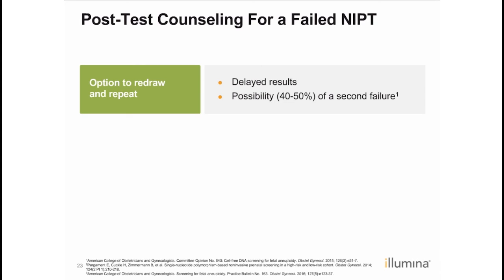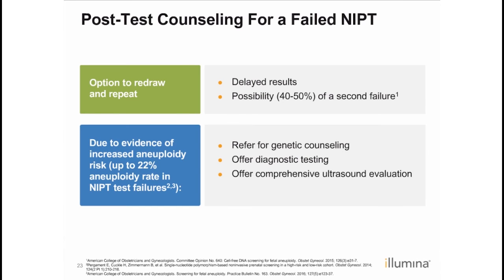This could be an important factor to consider, especially depending on the gestational age, when counseling a patient about the option of a redraw. It is also important for the patient to know that there are some publications showing evidence of an increased risk of aneuploidy when an NIPT sample fails to give a result, as much as 22% risk in one publication.